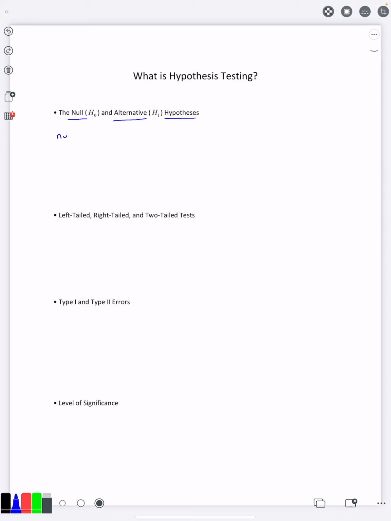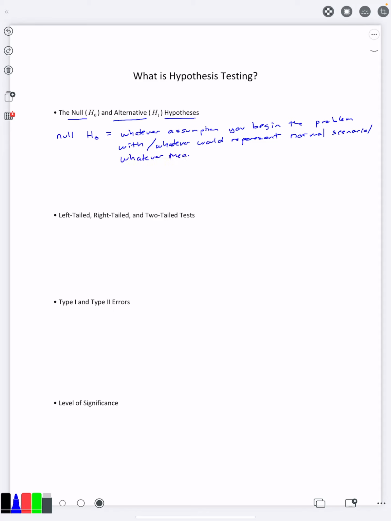The null hypothesis, which we're going to call H0, is going to be whatever assumption you begin the problem with, or whatever would represent the normal scenario, or whatever means no change is happening.